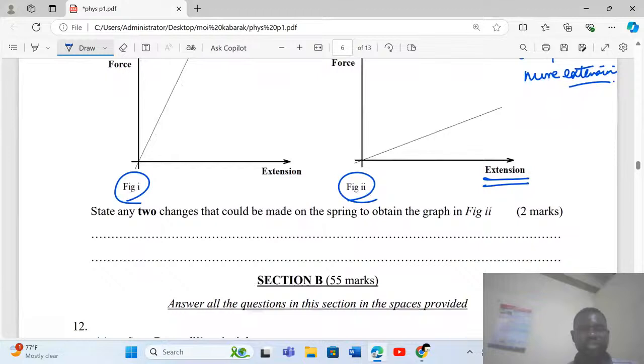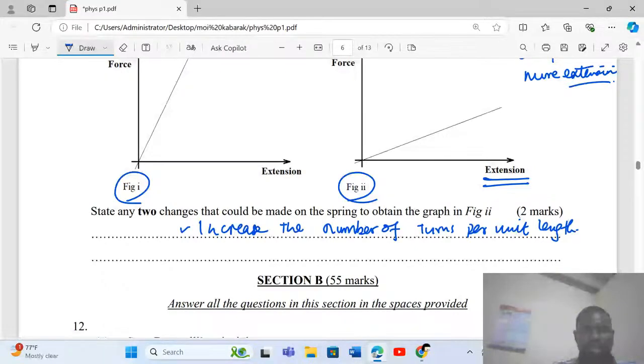State any two changes that will be made on the spring to obtain this. In this case, number 1 is in case we increase the number of turns per unit length.